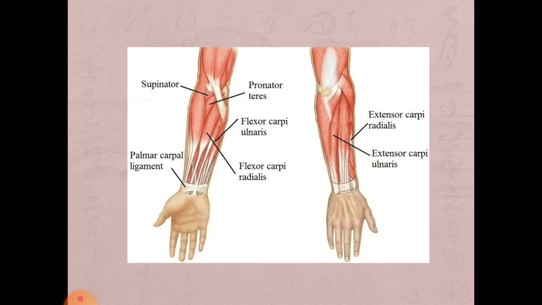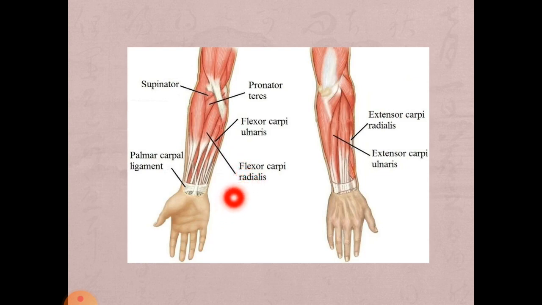So for the flexion, you have the flexor carpi radialis and the flexor carpi ulnaris muscle. So these are the flexors that are responsible for the flexion at the wrist joint. The flexor carpi ulnaris and the flexor carpi radialis, these two muscles are responsible for the flexion around the wrist joint.